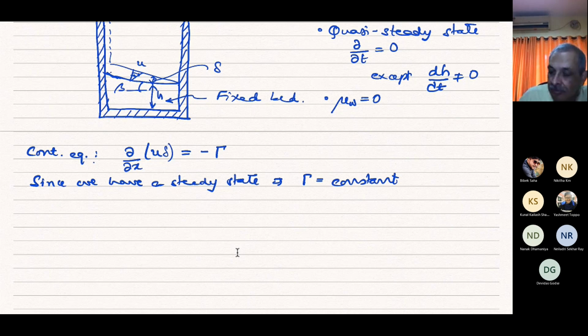And so if the length of the layer is L, then this constant we can relate to the mass flow rate as just mass flow rate divided by rho B into L into B, where L is the length of the layer.